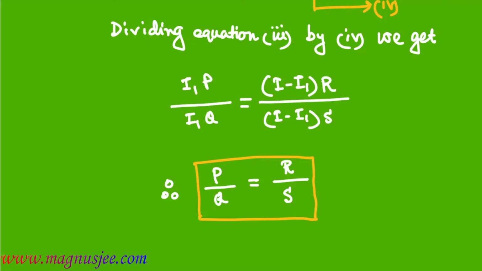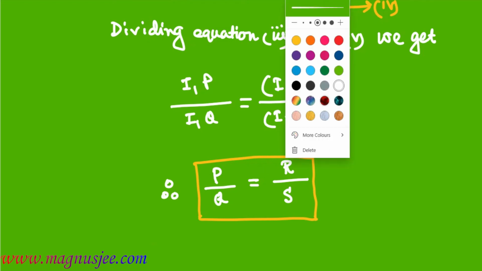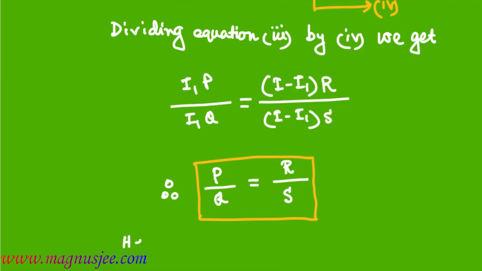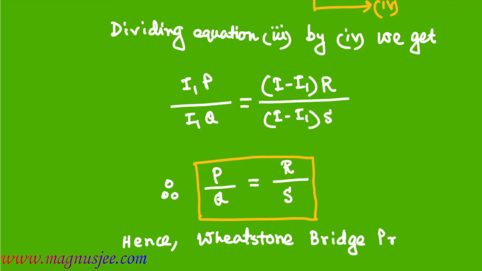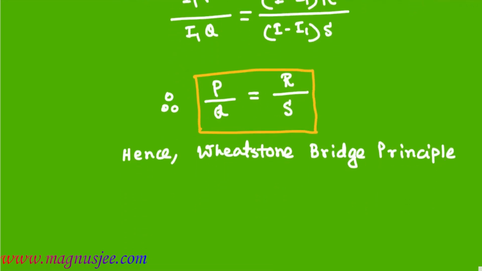The potentials at the points B and D will be the same, no current flows through the galvanometer, that is Ig will be 0, and we get P by Q equal to R by S. Hence, the Wheatstone Bridge principle is proved.